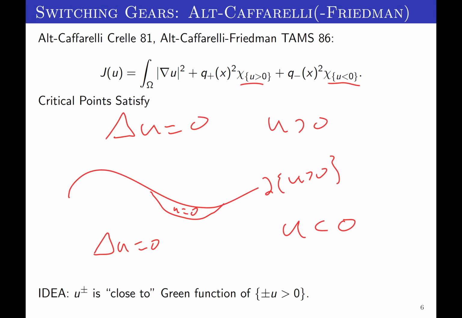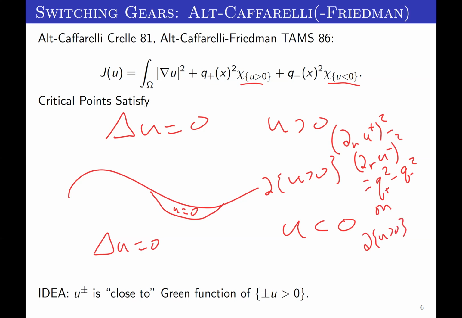So it basically says something like, the normal derivative of U plus squared minus the normal derivative of U minus squared is equal to Q plus squared minus Q minus squared, on the part of the free boundary which intersects both the negative and the positive phase.